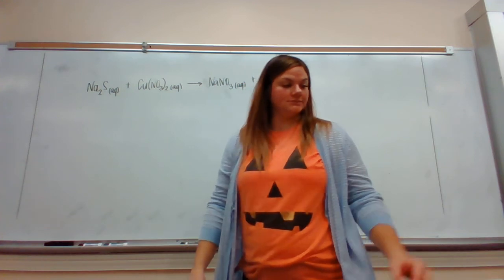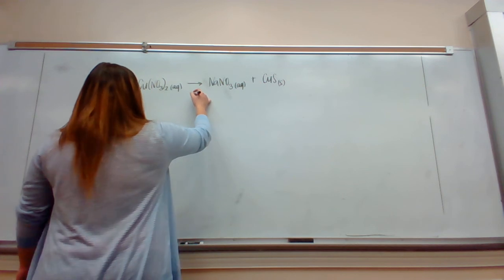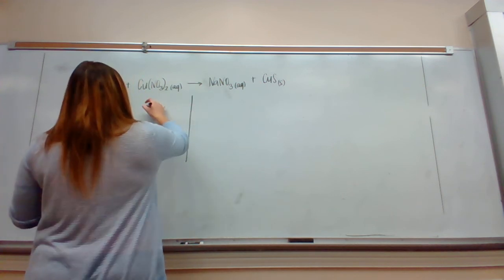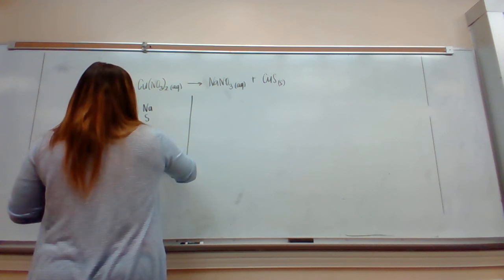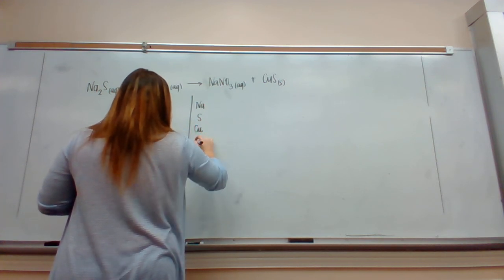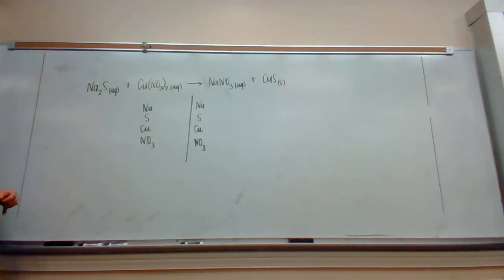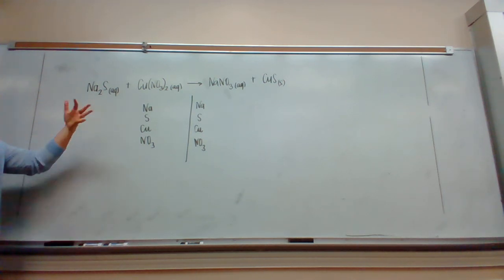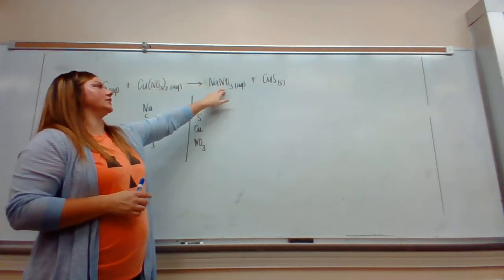Okay. Let's balance this equation. How I do it is I make me a little chart of all the elements that I'm going to encounter. If I have a polyatomic ion and it remains unchanged from reactant to product side, just balance it as one thing. Like it's NO3 here, it's NO3 here.